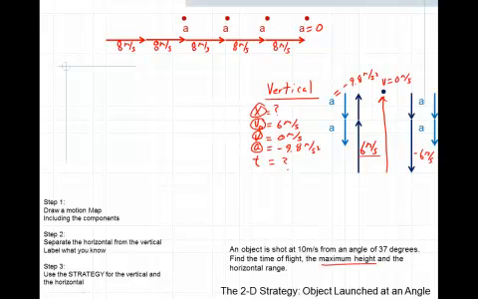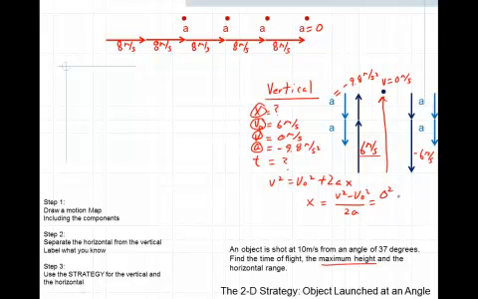And the equation that would be helpful there would be this one: v squared equals v initial squared plus 2ax. And to solve that for the maximum height x, we would get v squared minus v initial squared over 2a. I'm running out of room, so I'm going to leave the units out.